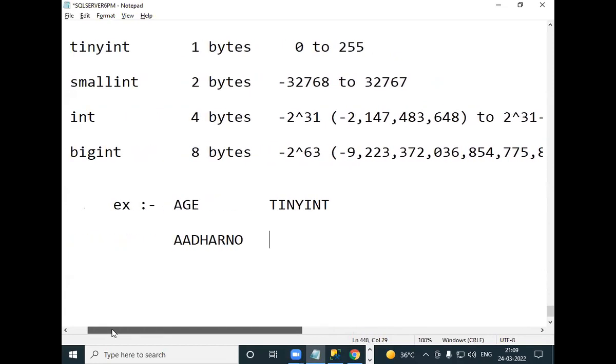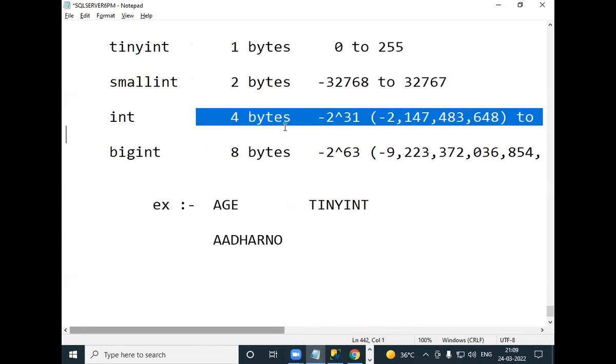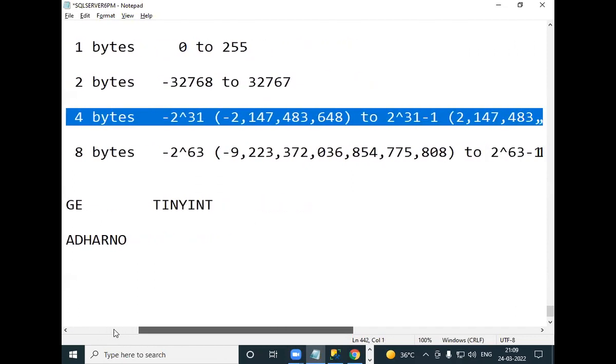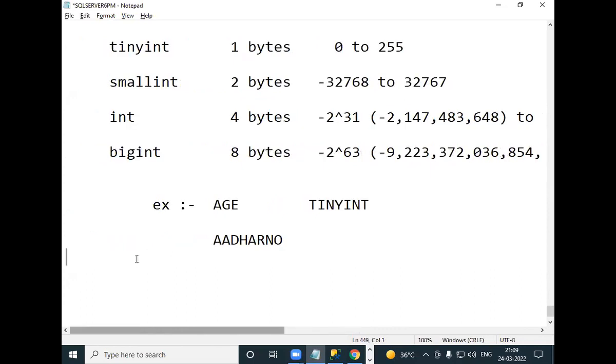Can we use small integer? No. Can we use integer? No. Integer allows 10 digits, but Aadhaar number contains 12 digits. Which data type do you recommend? Big integer.